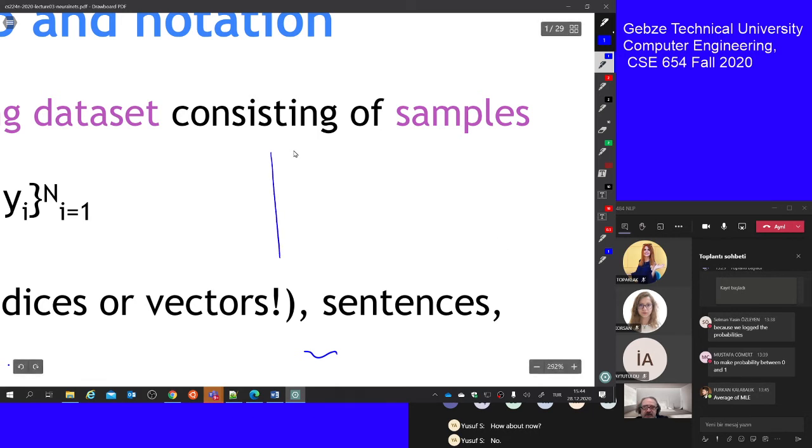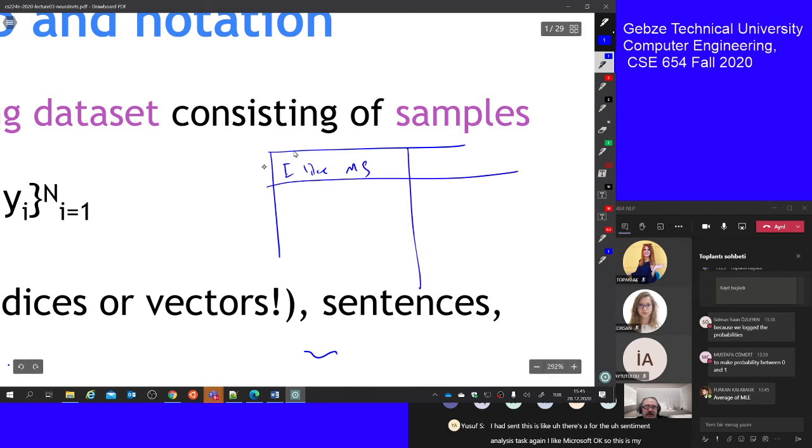Okay, so this is my data set. In my data set, I have sentences like, let's say for the sentiment analysis task, again, I like Microsoft. Okay, so this is my sample number 1, and this is a positive sentiment.